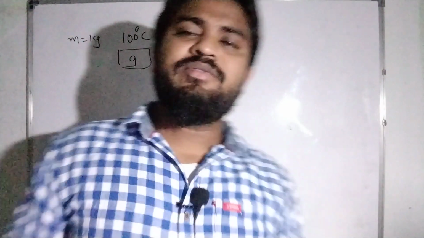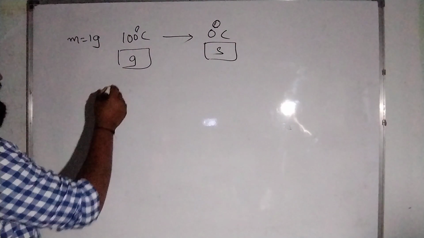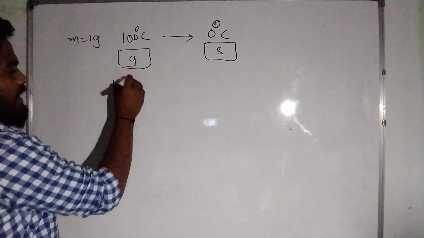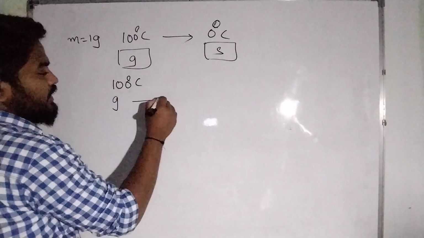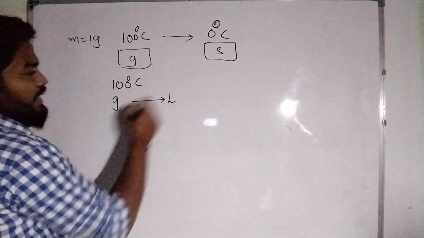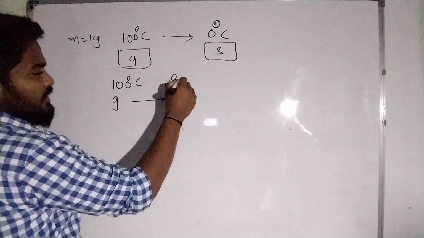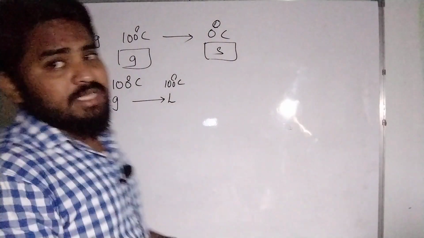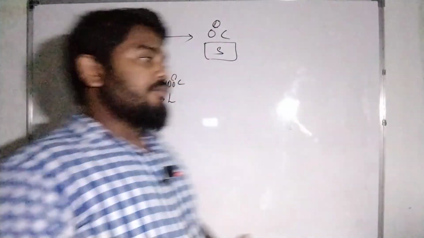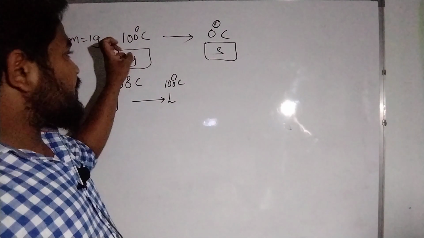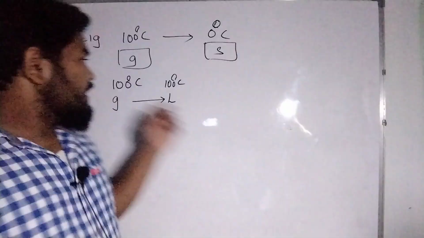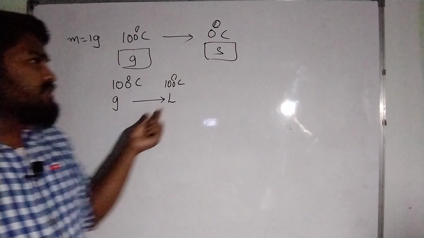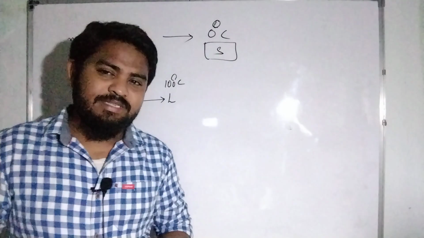First, at constant temperature, that means at 100 degrees Celsius, the gas will convert into liquid state. The temperature will be constant, but when you take energy from the 1 gram of water, the gaseous substance converts into liquid substance.